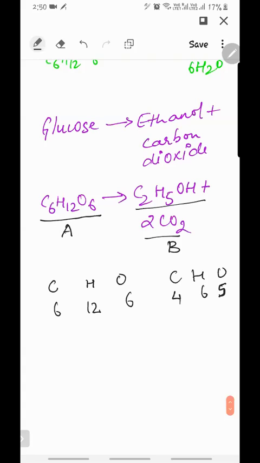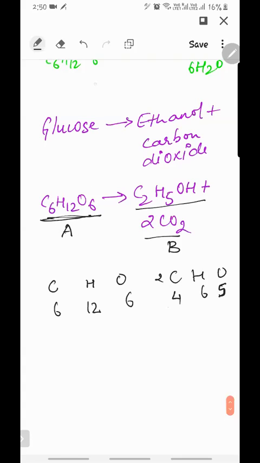The second equation is anaerobic. If you multiply here by 2, then it will become 2 2s are 4, 4 plus 2, it will become 6.